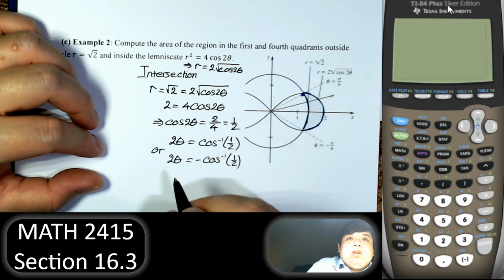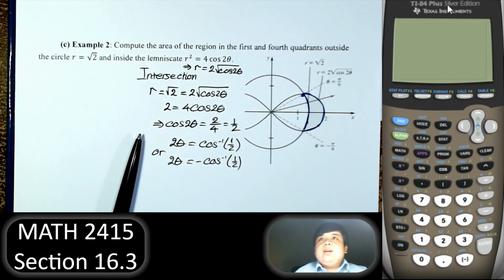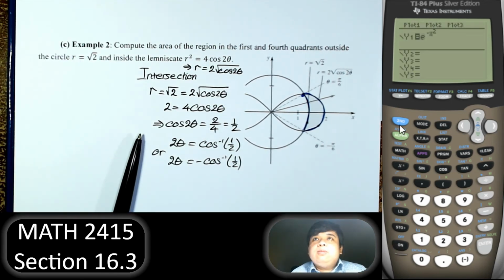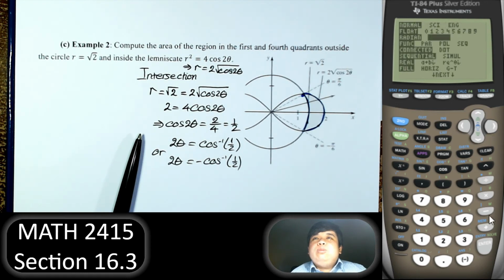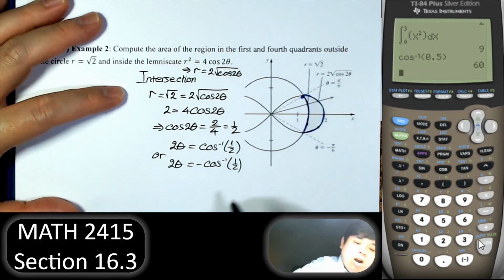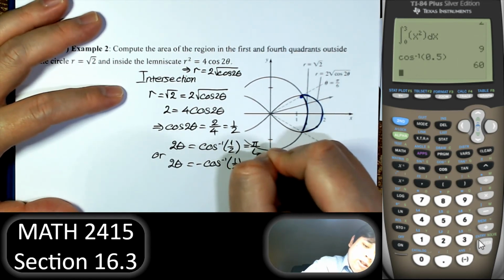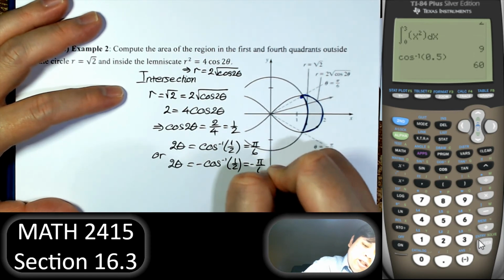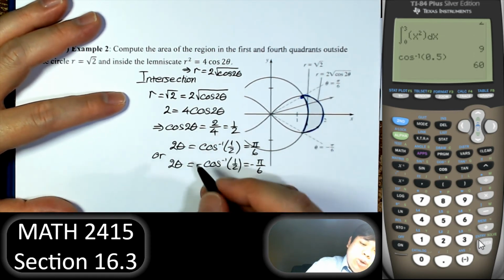So what is cosine inverse of 1/2? That should be 60 degrees, which is pi over 3, or negative pi over 3. And divide everything by 2.